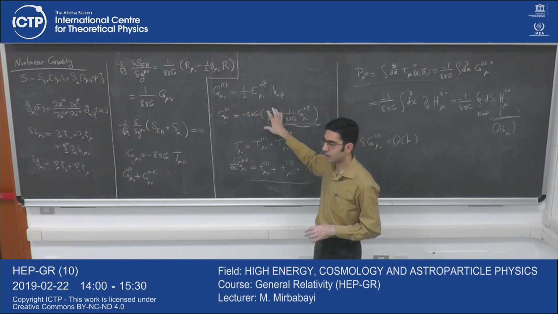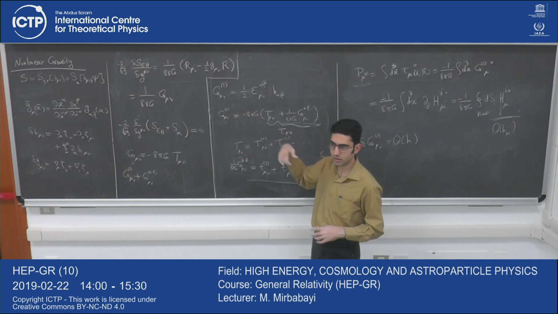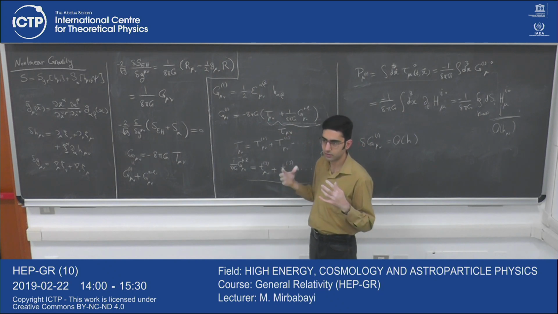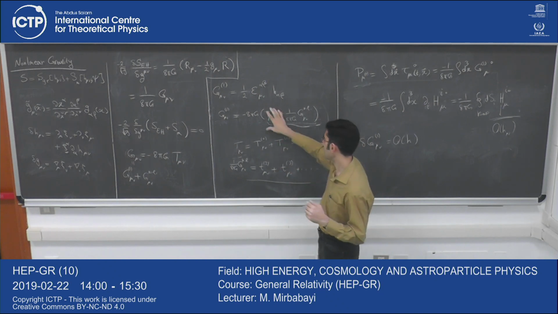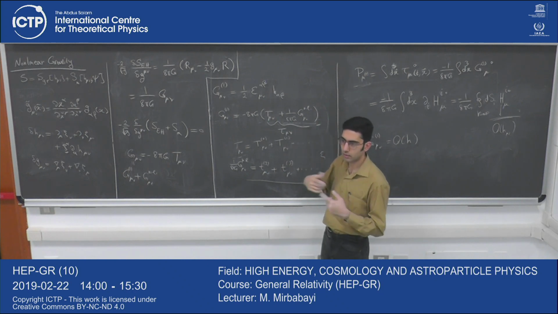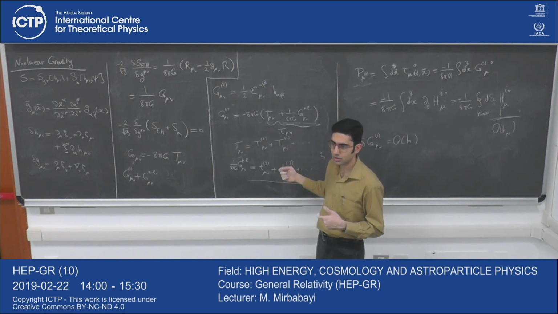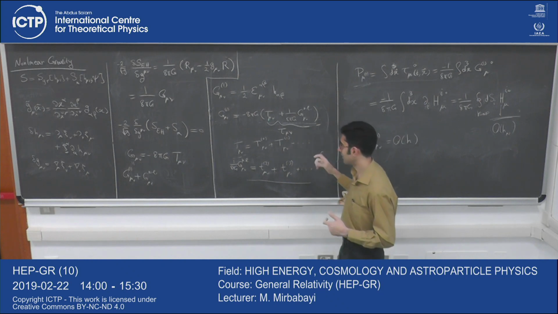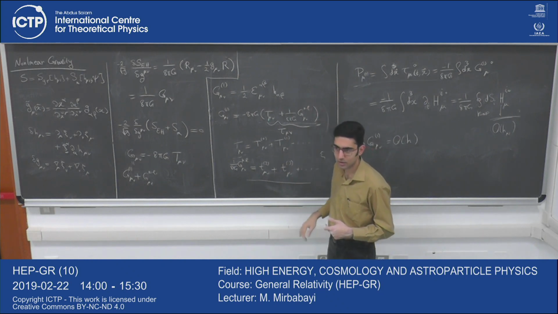And after going through these tricks of constructing the action in a different way, at the end of the day we have this object which is ordinarily conserved. So in fact, if you apply the Noether theorem to the action, if you do it carefully, then that is what you are going to get.